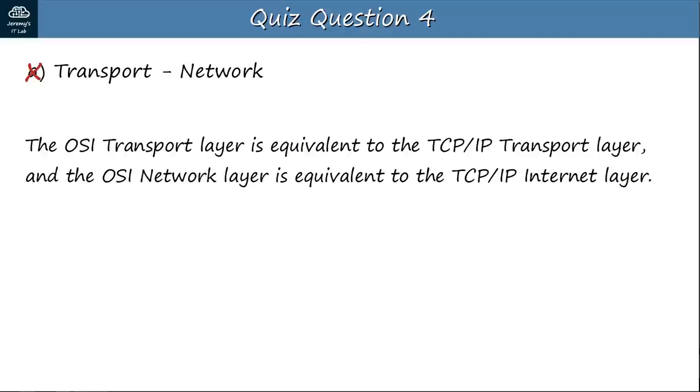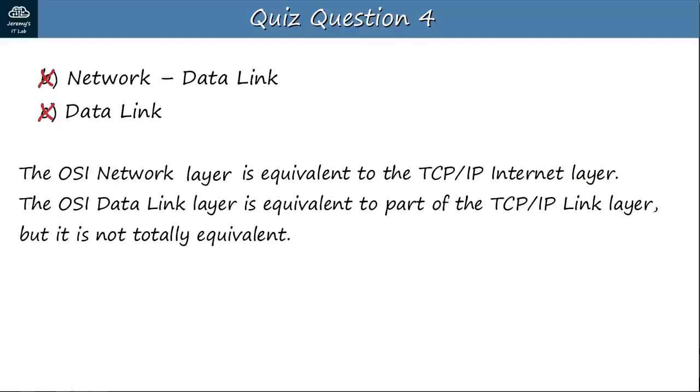The OSI transport layer is equivalent to the TCP/IP transport layer, and the OSI network layer is equivalent to the TCP/IP internet layer. So A, transport and network layers, is incorrect. The OSI data link layer is equivalent to part of the TCP/IP link layer, but it is not totally equivalent.